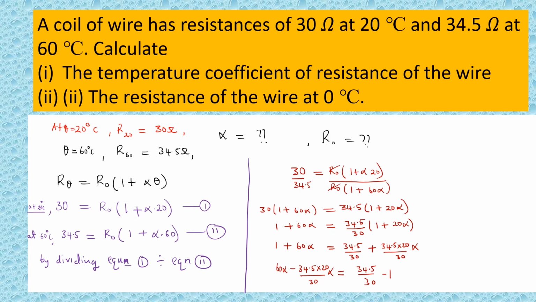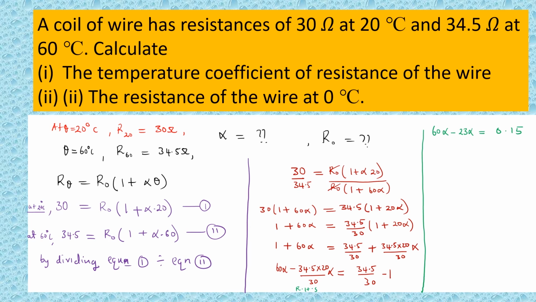The right hand side becomes 60 alpha minus 23 alpha. Then the left hand side becomes 0.15. The right hand side becomes 60 minus 23, which is 37 alpha, being equal to 0.15.